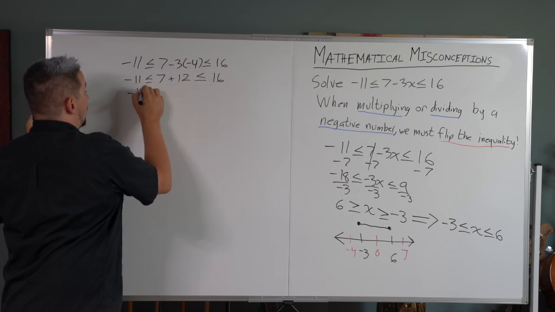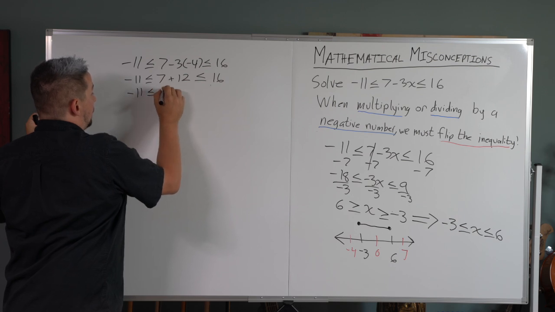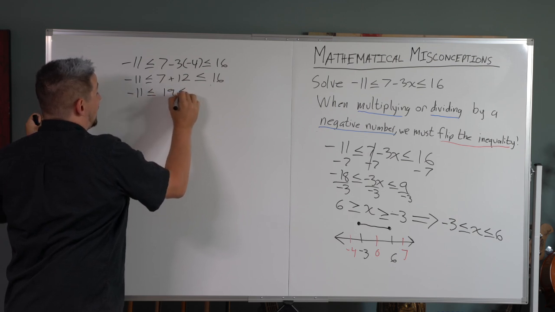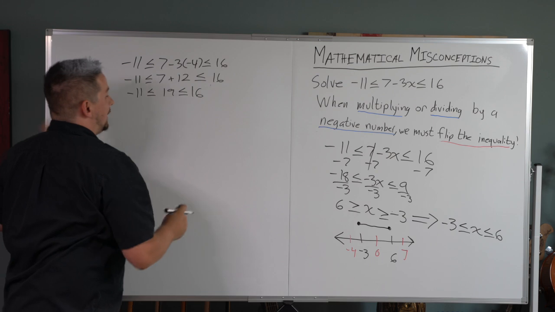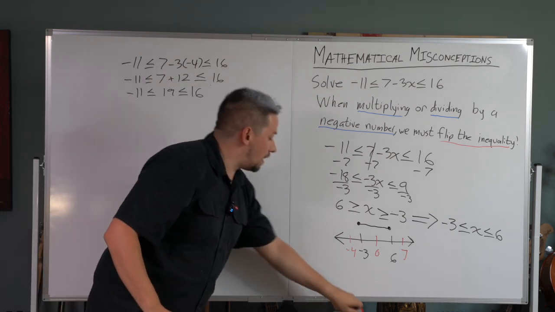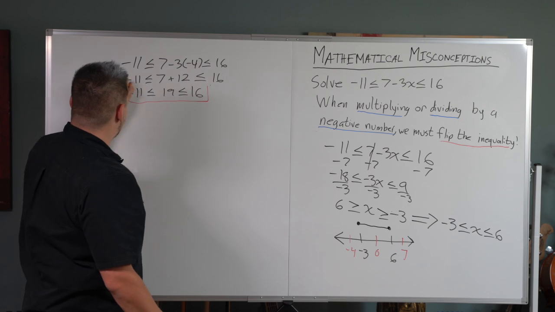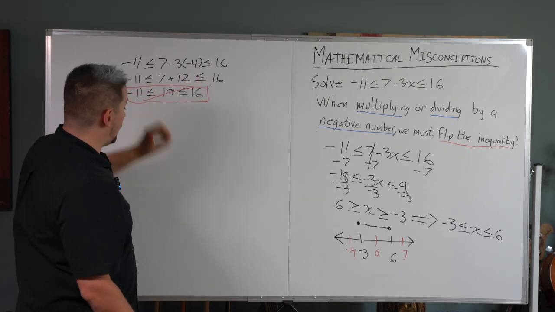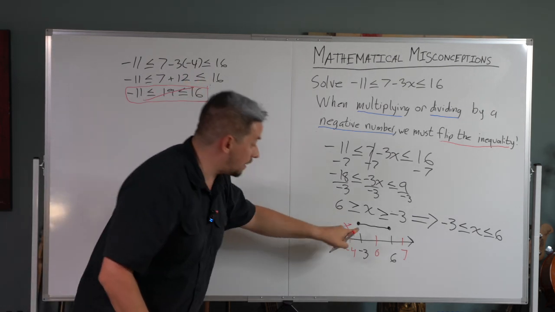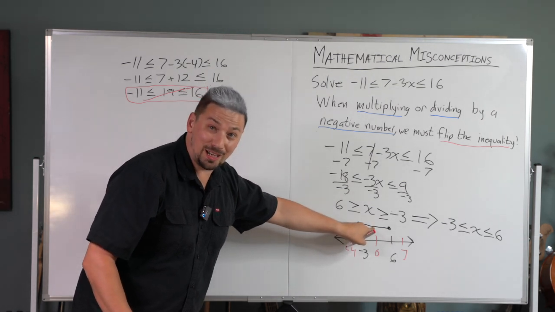And we see negative 11 is less than or equal to 19, which is true, but it's not less than or equal to 16. So this part of the inequality might be true, but this one's not. So we have to chuck it out. So negative 4 does not work, which is good because it's not in our region anyways.